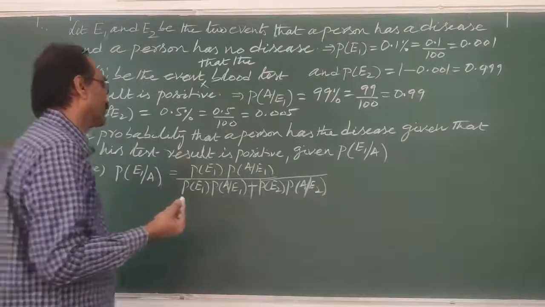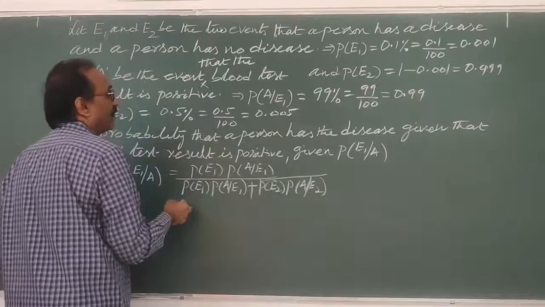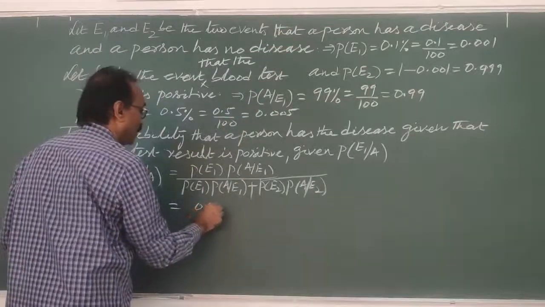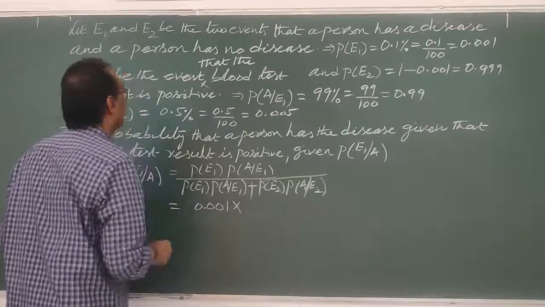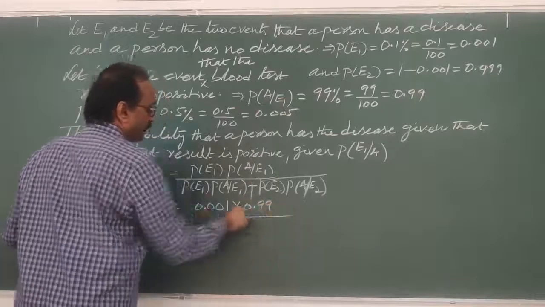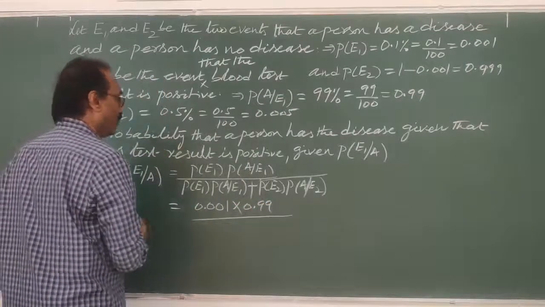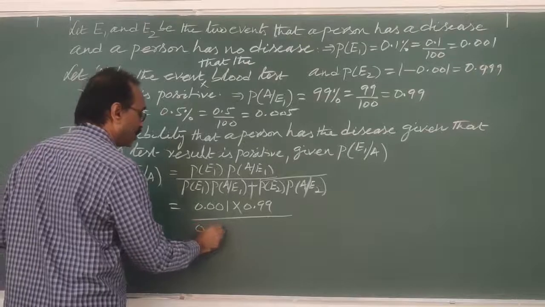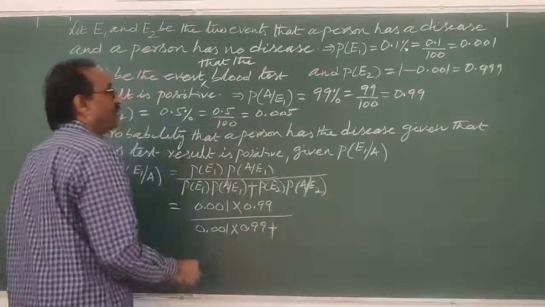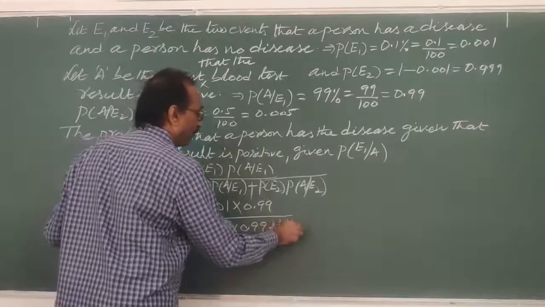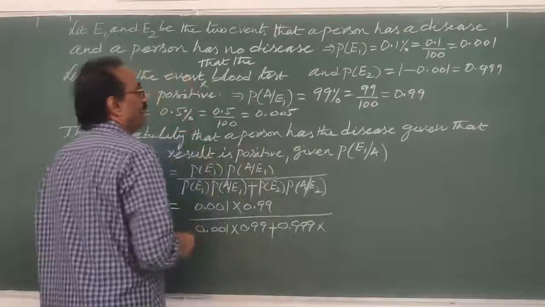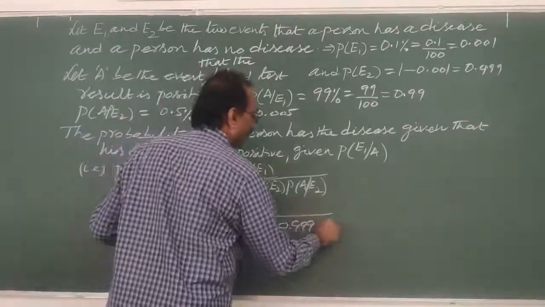Now substitute the values here. Probability of E1, as you see in the problem, is 0.001, into probability of A given E1, which is 0.99, divided by 0.001 into 0.99 plus probability of E2, 0.999, into probability of A given E2, which is 0.005.